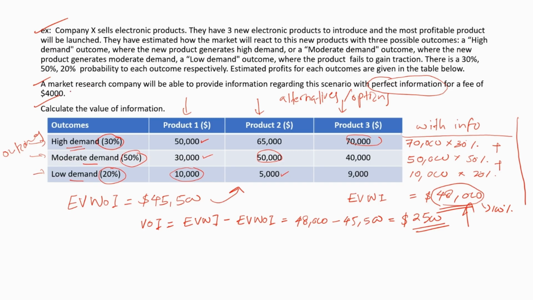They have given us the cost of obtaining the information, which is $4,000. So the value of information is less than the cost of information, because 2,500 is less than $4,000.